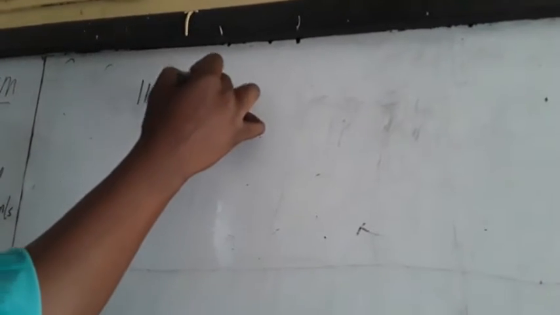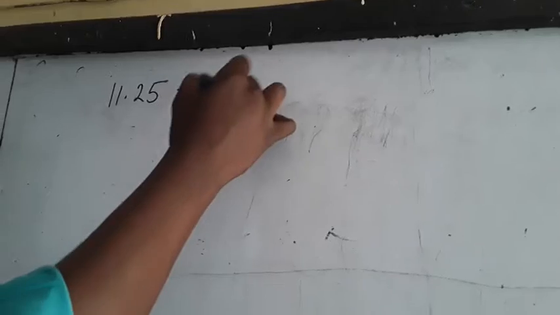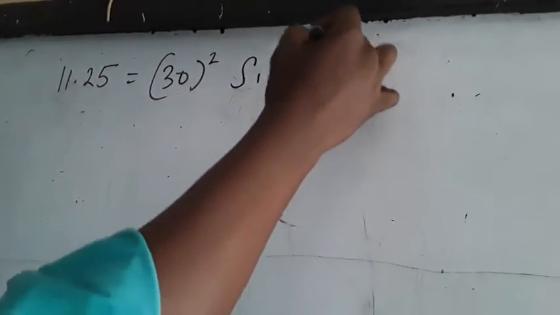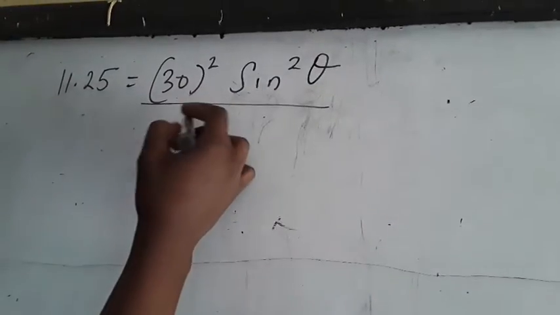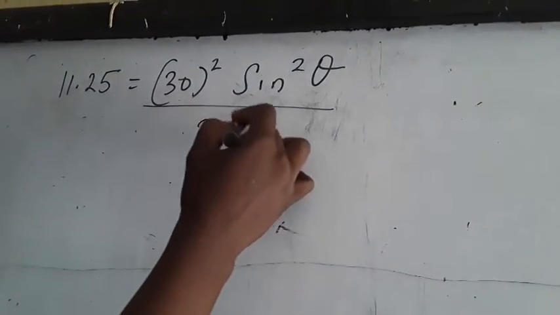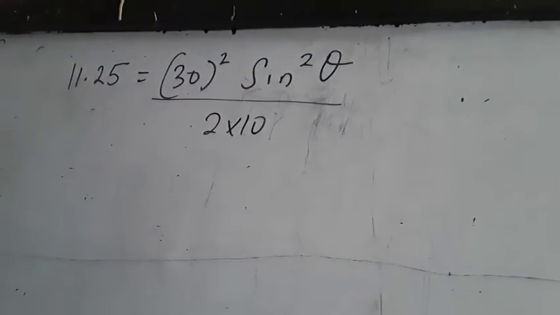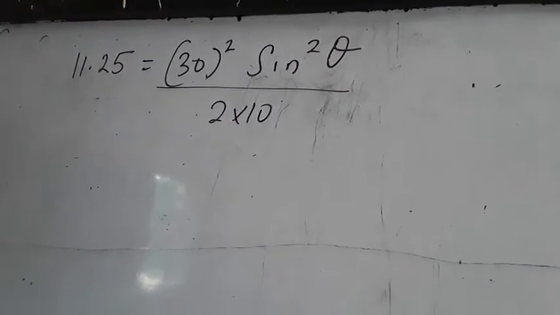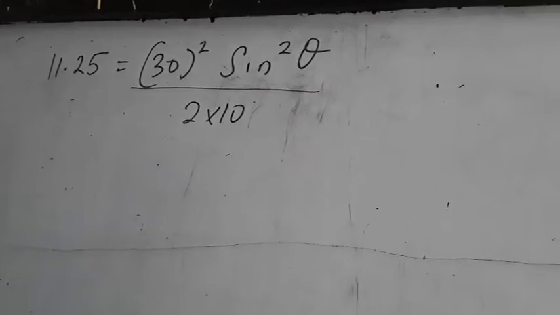Alright. Now, let us write that out. We have 11.25 equals 30 squared sine squared theta over 2 times 10. So we are looking for the angle of projection. So your subject of formula is applied in math.